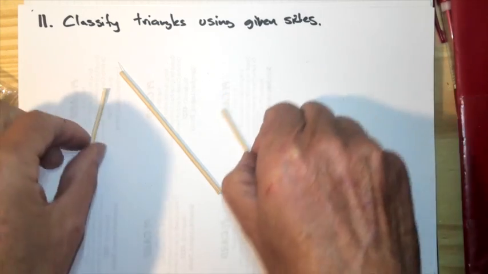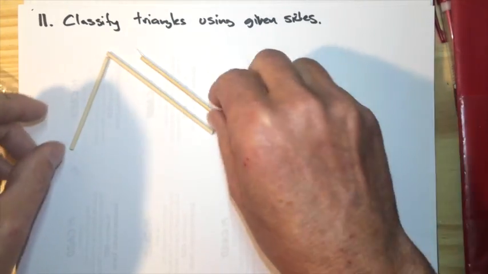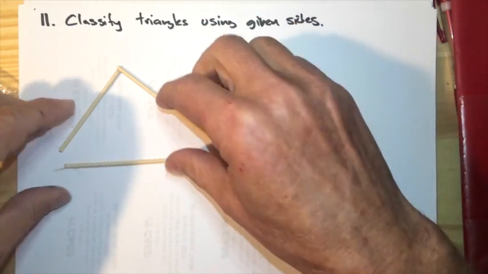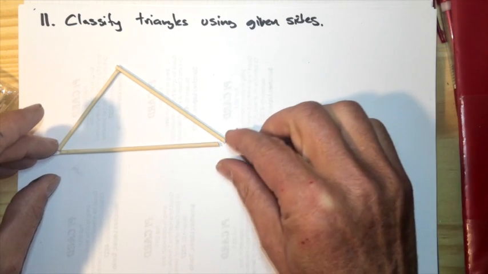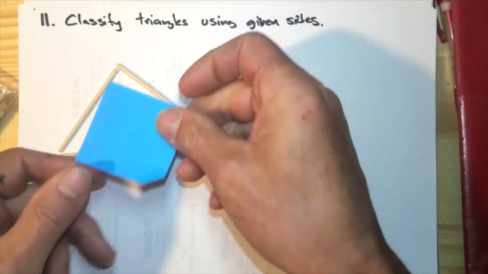So let me just arrange these 3 sides in a certain way. It doesn't matter. I'm going to put them together, and it looks to me like that might be a right triangle. You could compare that to a right angle.